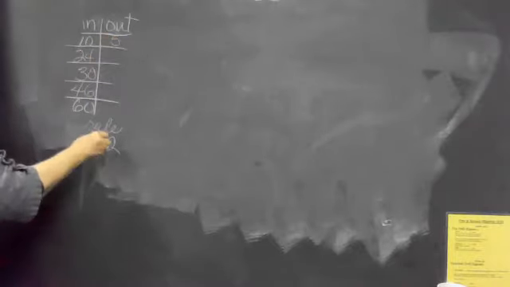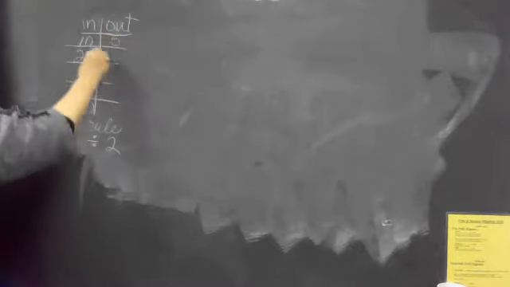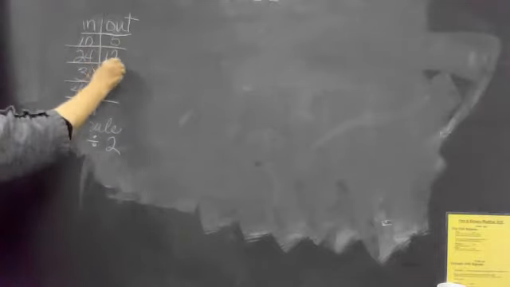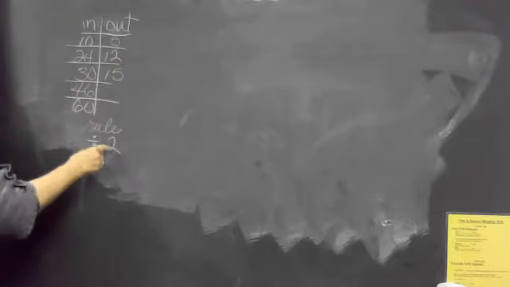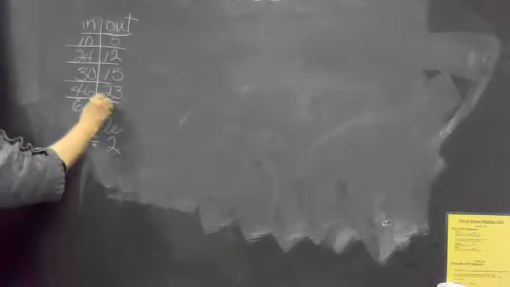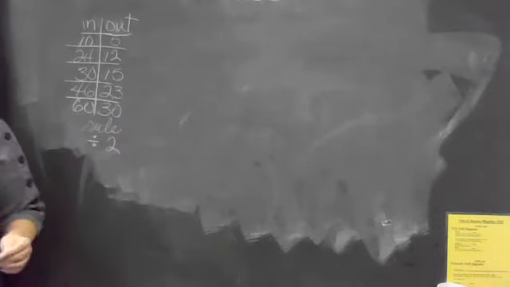10 divided by 2 is 5. 24 divided by 2 is 12. 30 divided by 2, 15. 46 divided by 2, 23. 60 divided by 2. And this is all we're going to do right now. Y'all see? It tells you whatever rule you're going to be doing.